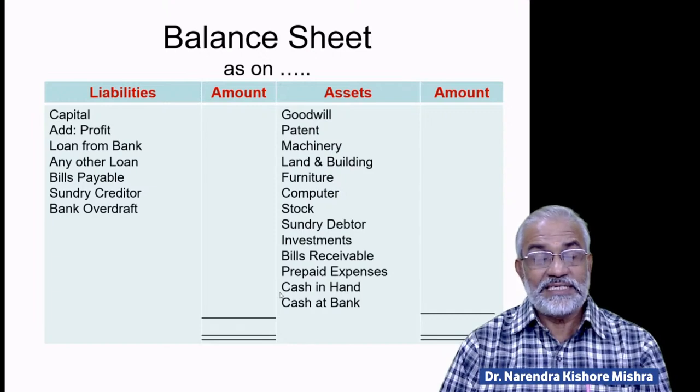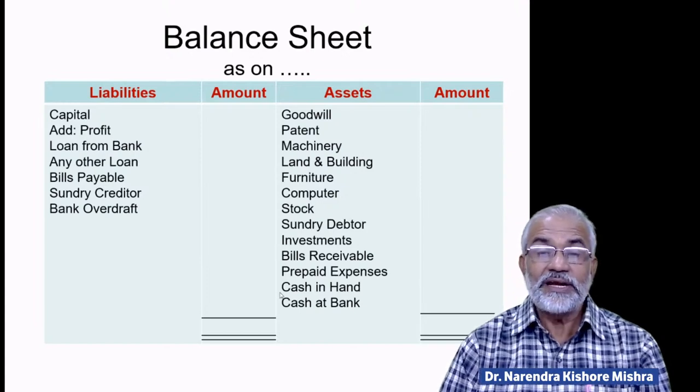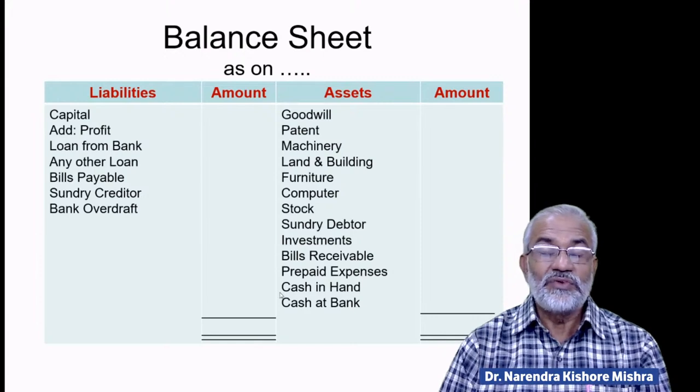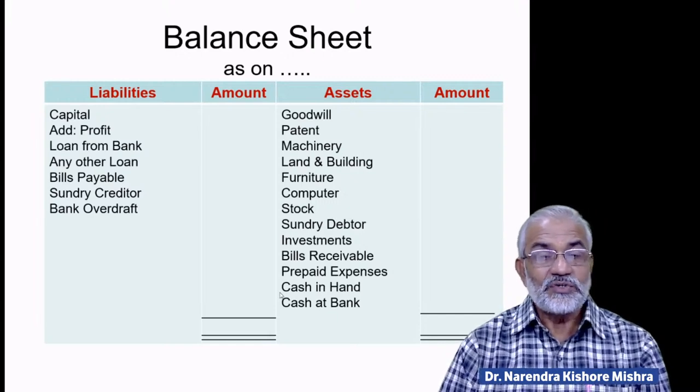If that particular check is honored by the bank, the result would be what? Our current account balance will show a negative figure. 5,000 was the balance, and a 10,000 check is honored thereafter. That means obviously the bank account will show a negative balance of 5,000. So that is called bank overdraft.